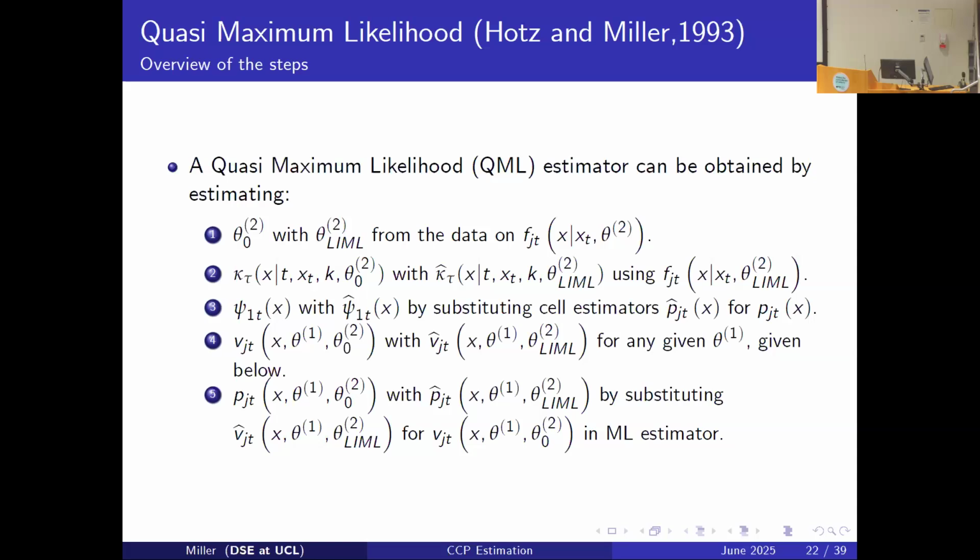Then put together a V with a V hat, where we're using the estimated transitions for what goes on in the F, and we're also thinking about how to put together this conditional value function, which I talked about before.